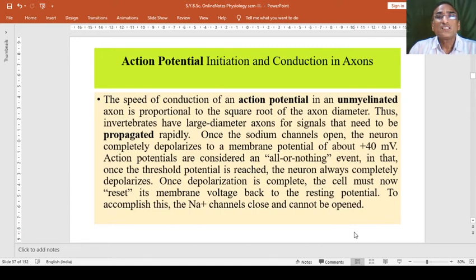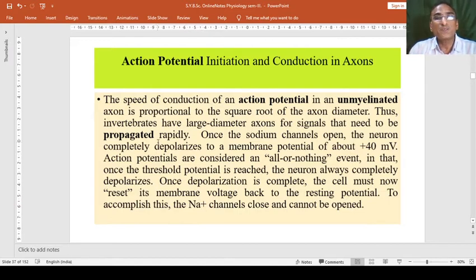Now, the initiation and conduction in axons. We have seen the origin, then the axon hillock, then the movement of sodium and potassium, and the resting membrane potential lowering. Between these, the conduction of messages or signals in axons is to be studied in both unmyelinated and myelinated axons.